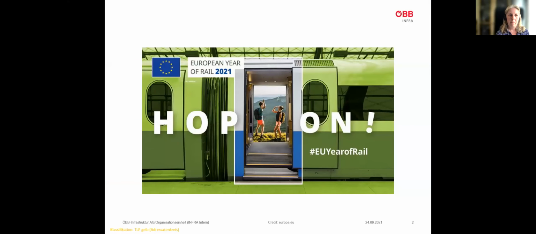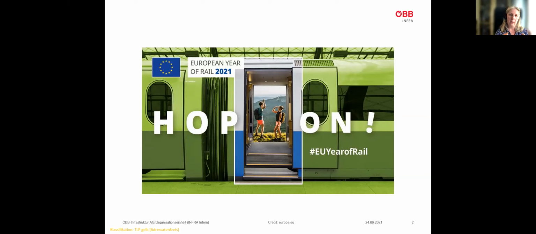So perhaps you know that 2021 is the European Year of Railway, and this is linked to the efforts to meet the Green Deal objectives, because railway plays, of course, a significant role to reach all these ambitious climate targets. It seems to be clear that to reach these targets of the Green Deal, parts of the mobility of today have to be shifted towards railway in the future.